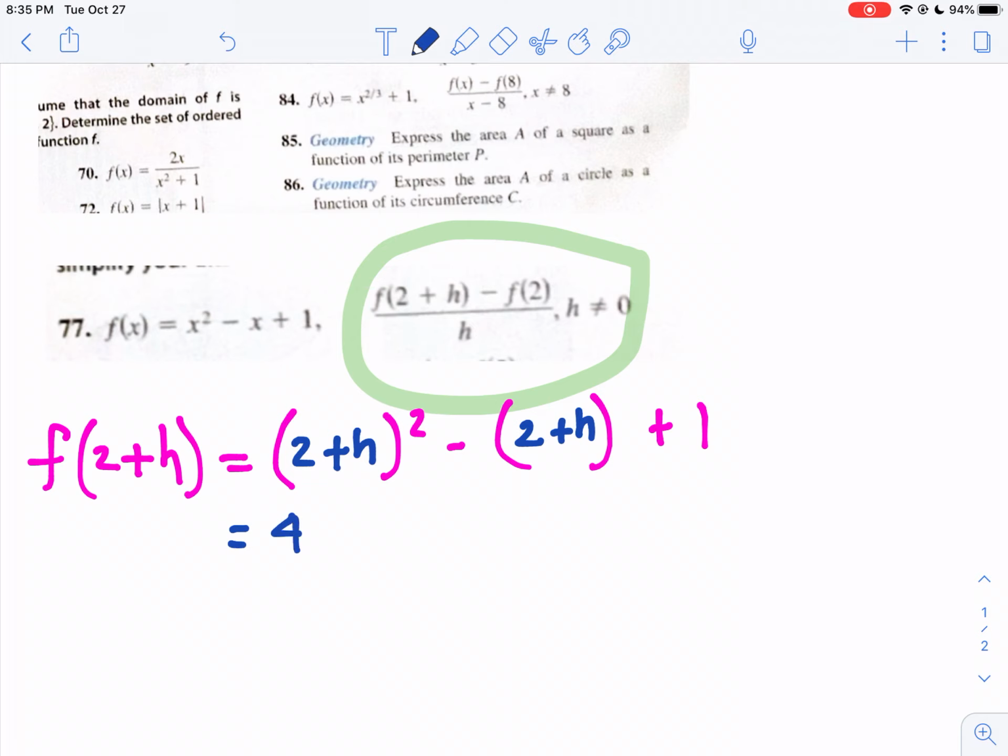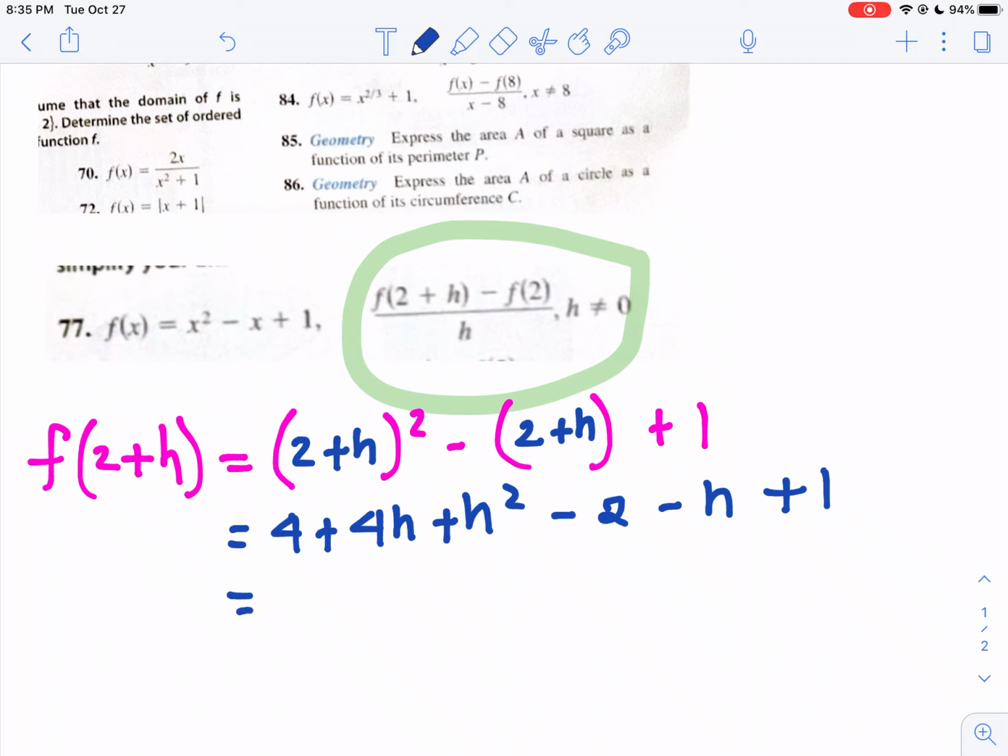That's going to give you 4 plus 4h plus h squared, and then distribute the negative 1 through, and then combine like terms. I'm going to write the h squared first.